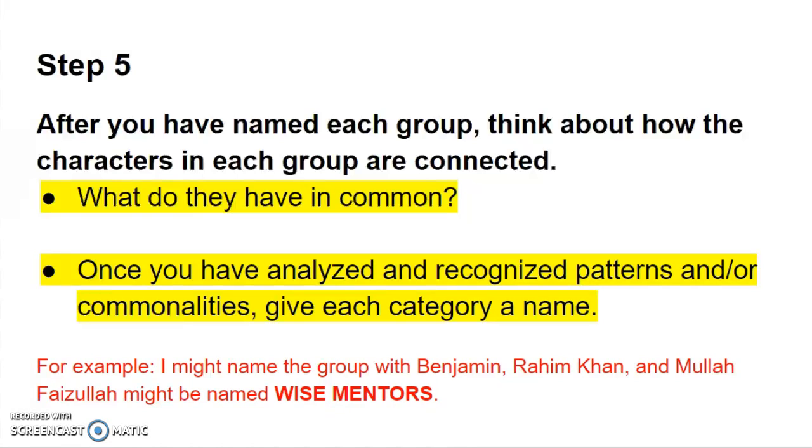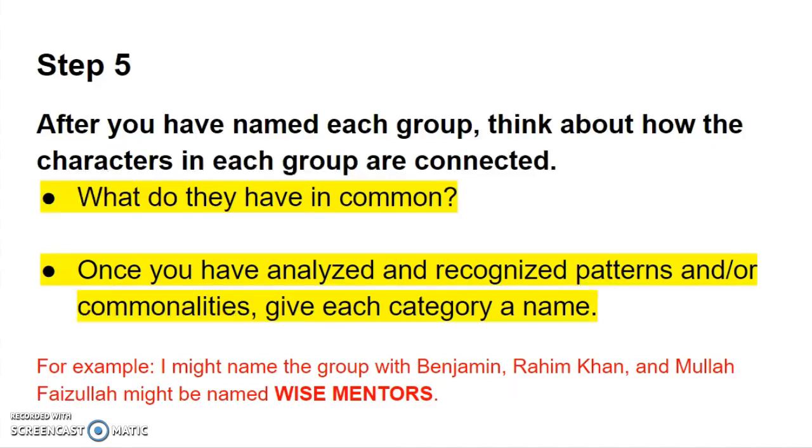I might have another group with other characters that, maybe these are the oppressors of the stories, or they want to hurt others, or they want to help others. Maybe they're characters who serve as helpers along the way, or as obstacles to the main goal of whoever the protagonist is. Whatever you think.